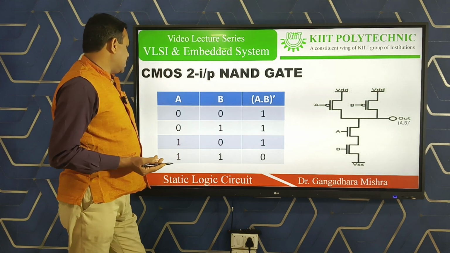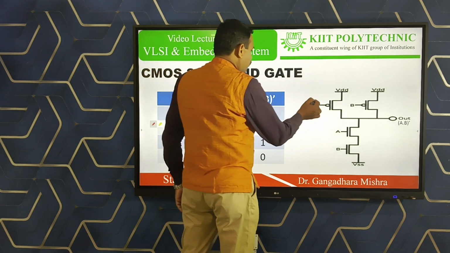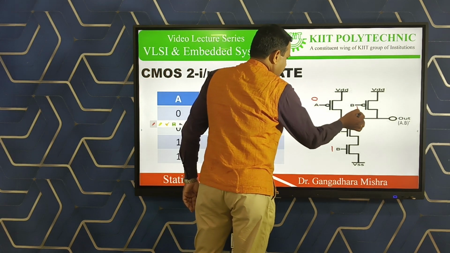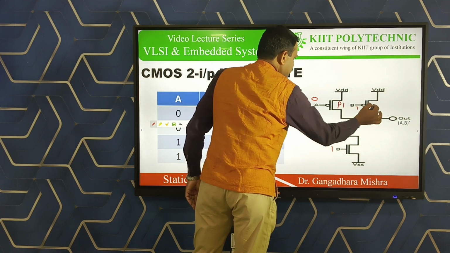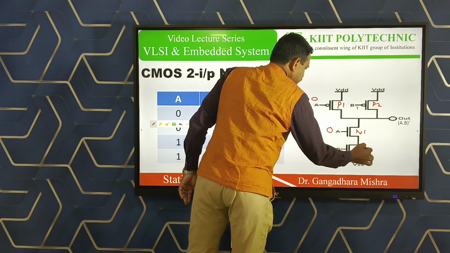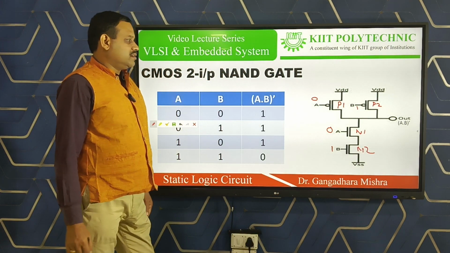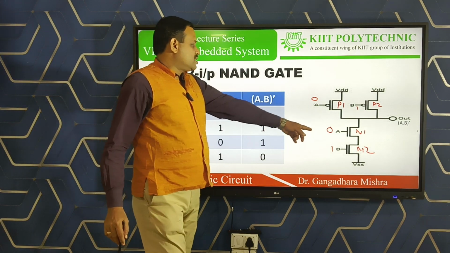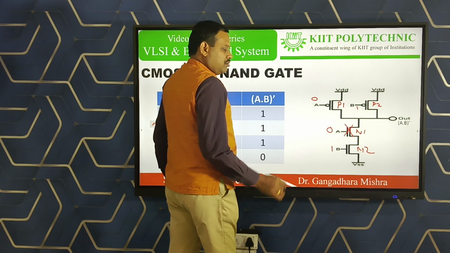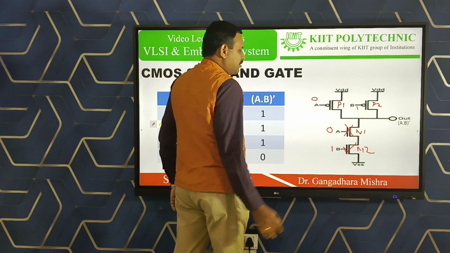Now, the second operating condition, that is A is equal to 0 and B is equal to 1. Under this operating condition, when A is equal to 0, N1 is driven to the cutoff state, B is equal to 1, N2 is in the conduction state.